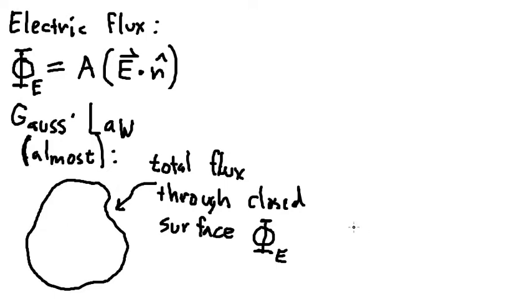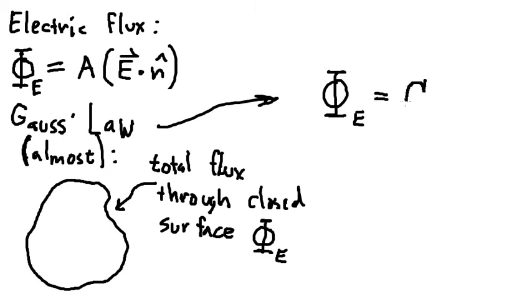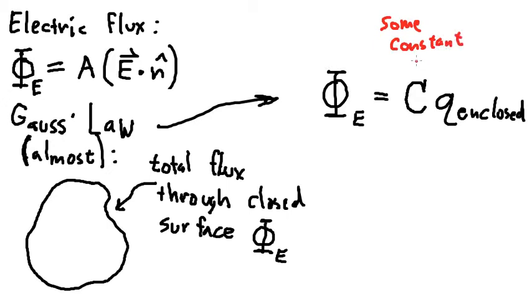I'll try not to cough while I'm recording. Gauss's law says that the total flux through this closed surface should be equal to, somehow proportional to, so I want to make this equal to some constant C times the charge enclosed.